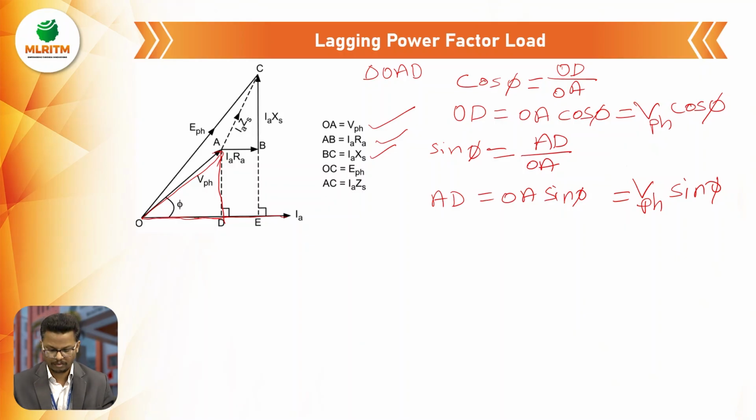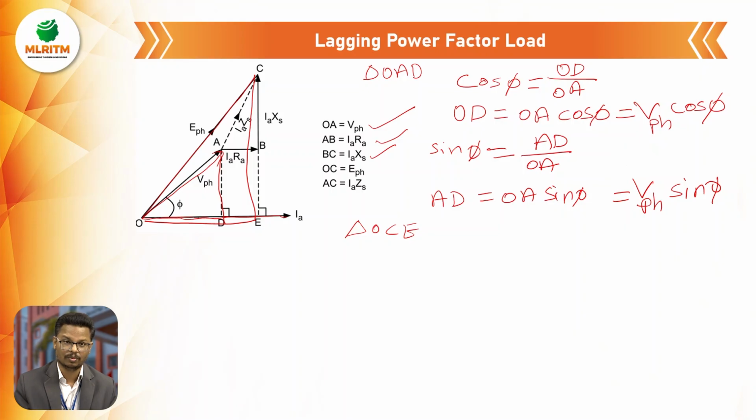Now we have to consider the triangle OCE. For this triangle we apply the Pythagoras theorem: the square of the larger side is equal to the sum of the squares of the other two sides.